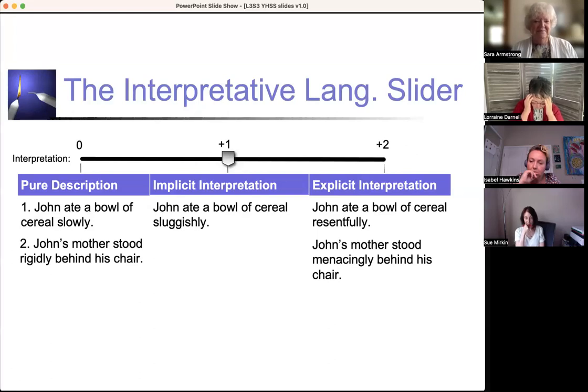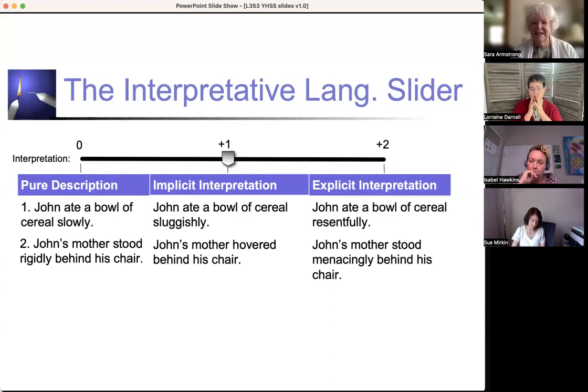Okay. So, what would be an example of something that might be implicit interpretation? John's mother hovered behind his chair. You see how that is not as pure description as stood rigidly? Hovering has a little sense of an emotional quality to it, but it's certainly not explicitly interpreted as menacingly.